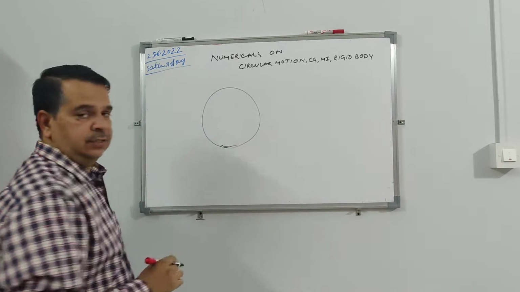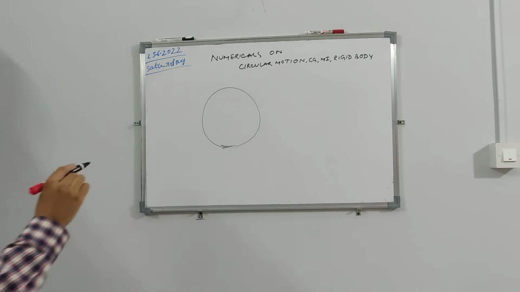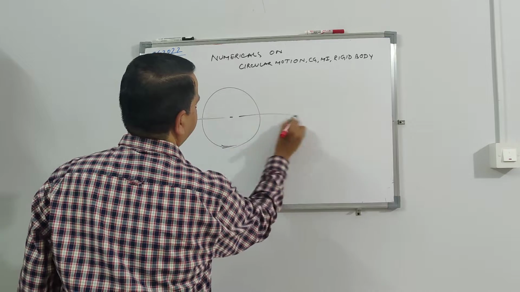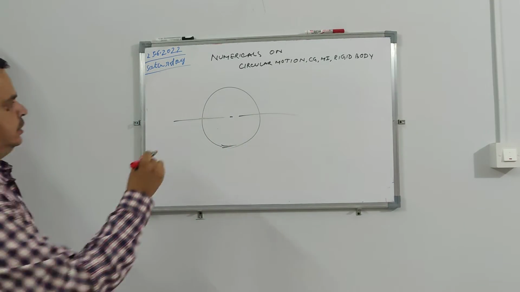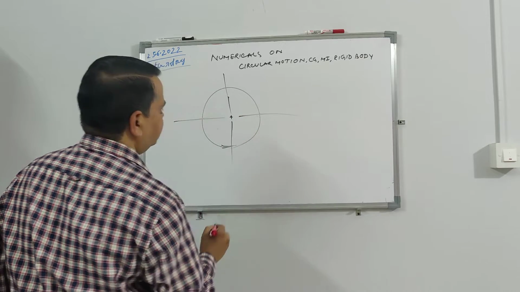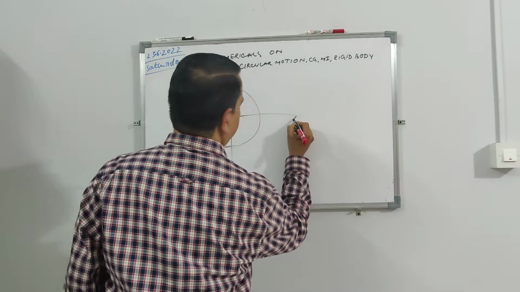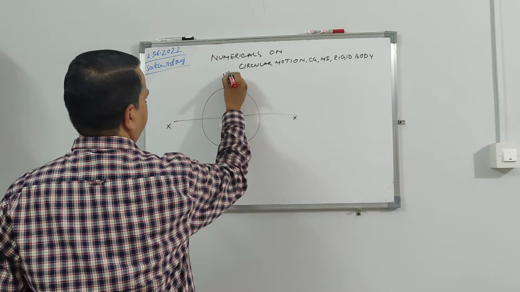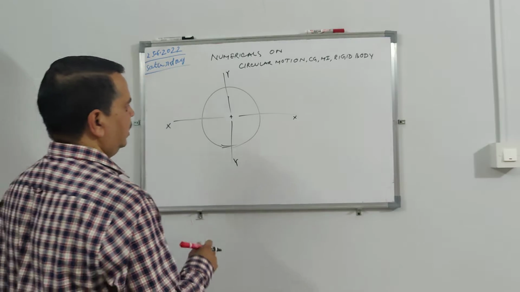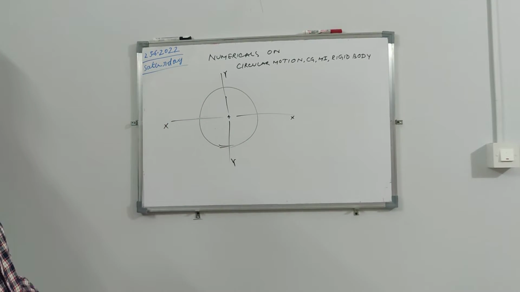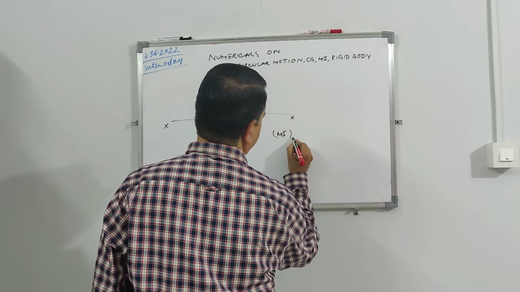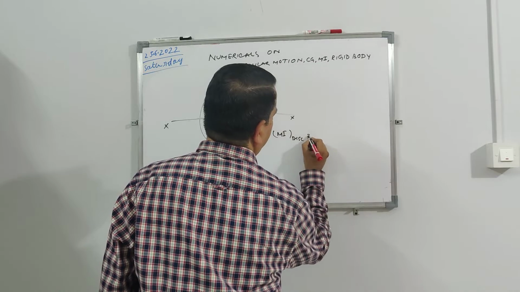If this is a disk, and x and y are the two diameters of the disk, the moment of inertia of this disk is half mr square.